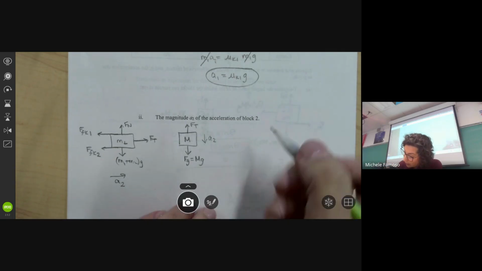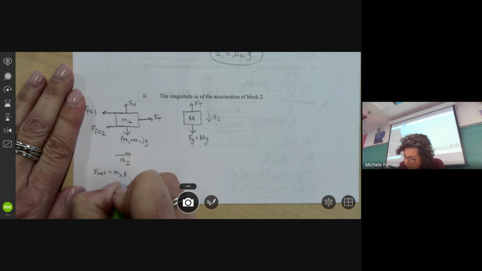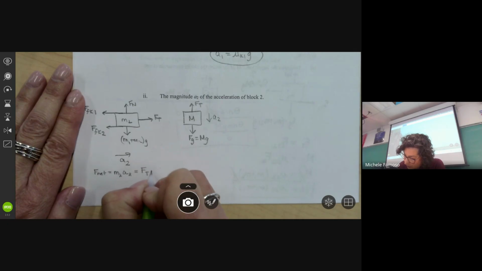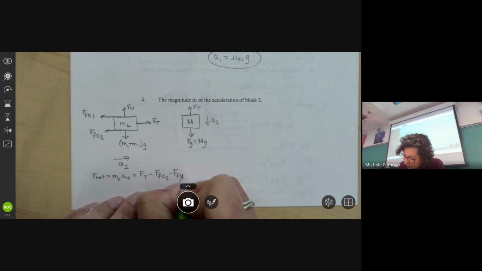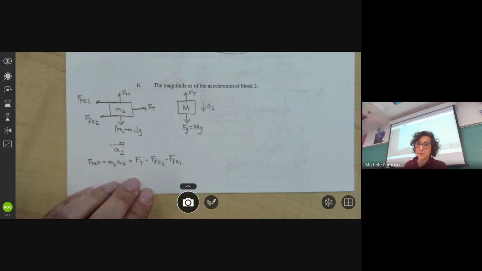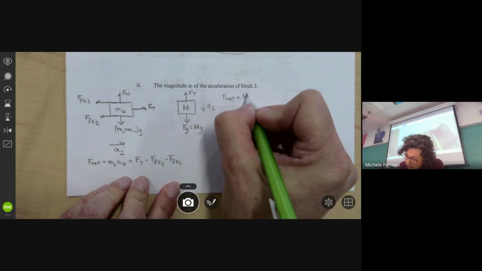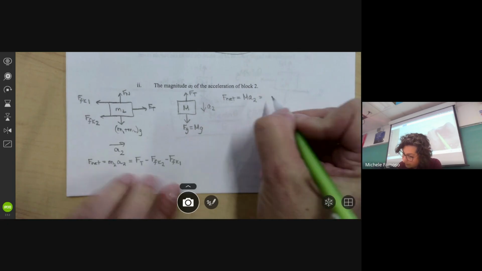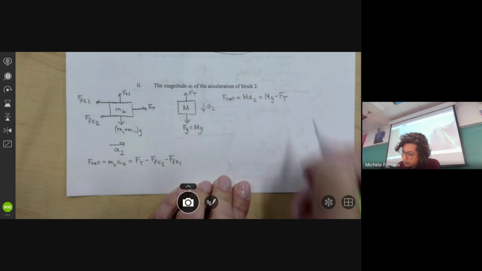All right, so let's write Newton's second law equations for each of these. The net force acting here, which is M2 times A2, would be the tension force minus the force of kinetic friction on the bottom surface minus the force of kinetic friction on the top surface. For this, the net force acting on this is MA2, and it would be found by doing mg minus the tension.